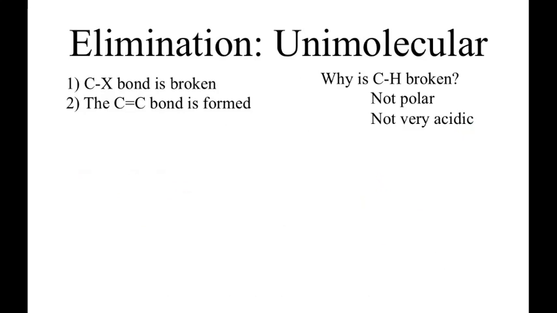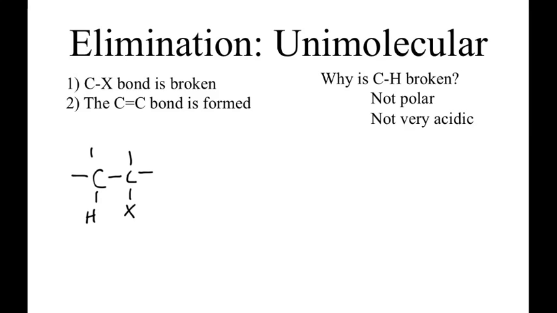Just like with the last slide, I'm going to draw it out generically and show each of our individual atoms. You'll notice that I'm not specifying what those carbons are bound to, other than the hydrogen and the halogen, because at this stage we don't really care. First, we want to get the basics of the mechanism laid out, and then we can advance from there.